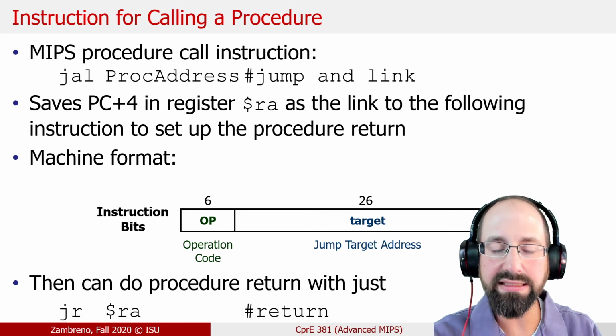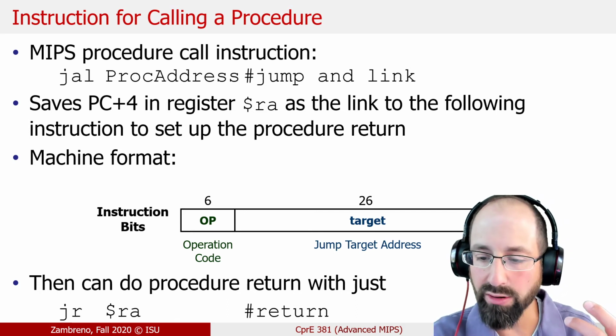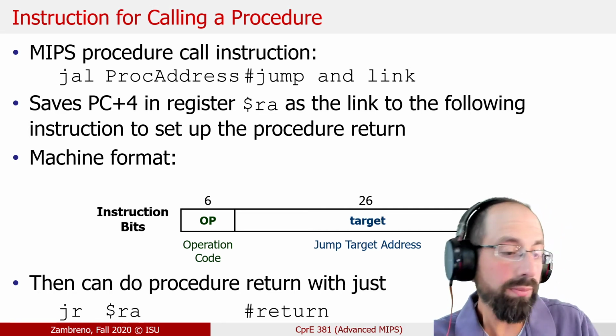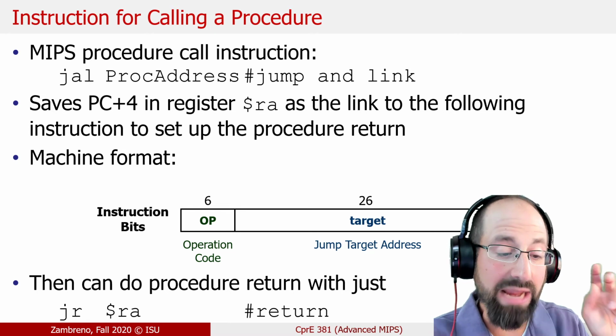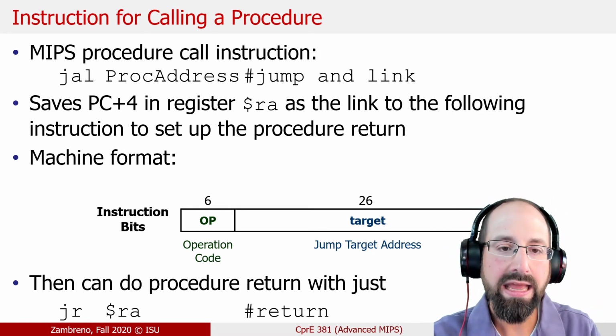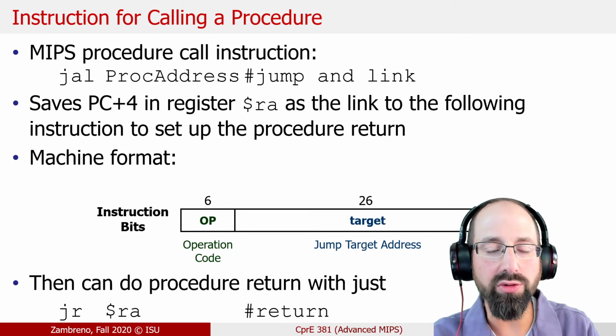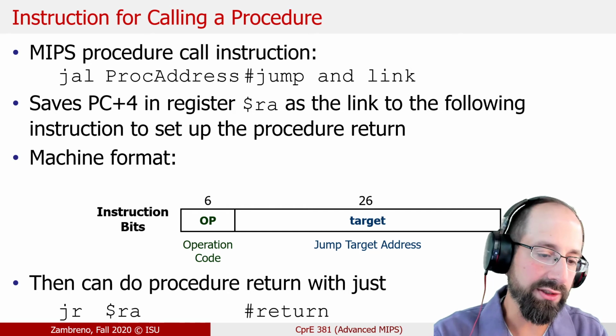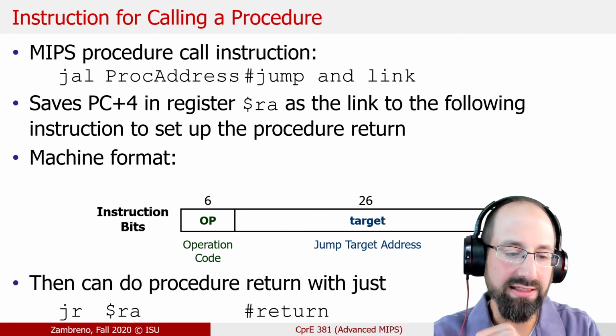So we'll start with that point first, which is how we do that transfer of control. MIPS already has an instruction that we briefly talked about, referred to as jump and link. We had already covered jump. In terms of the type of instruction, it's exactly the same. It's a J type instruction. We talked about how it's useful to have a jump instruction separate from just a branch instruction, because the jump instruction is unconditional.